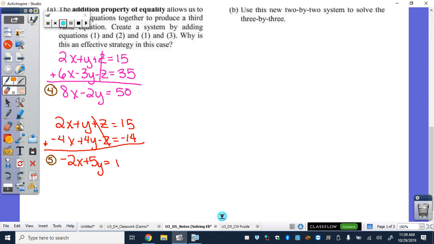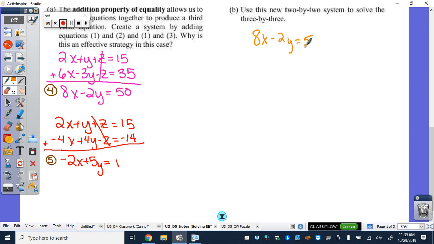And I'm going to call that equation 5. So now, number 4 and number 5 both have 2 letters. They're both down to an x and a y. So that goes back to what we were just doing.